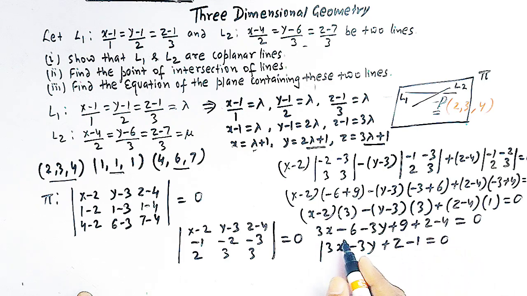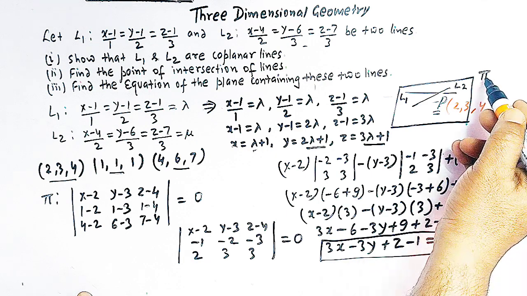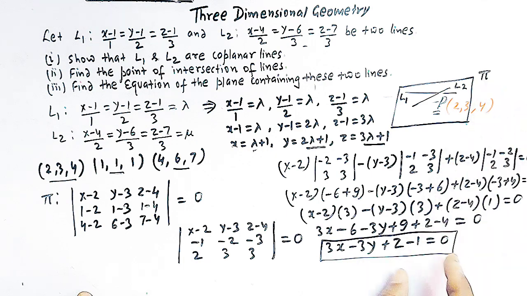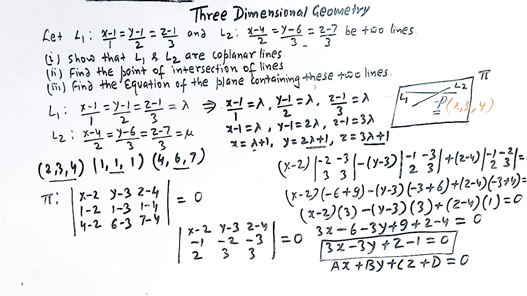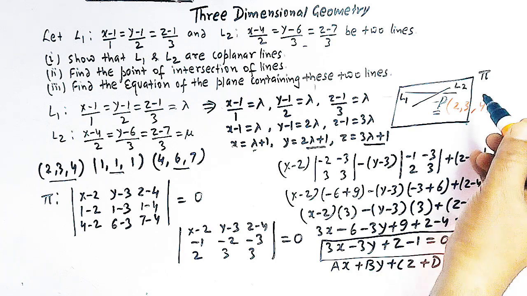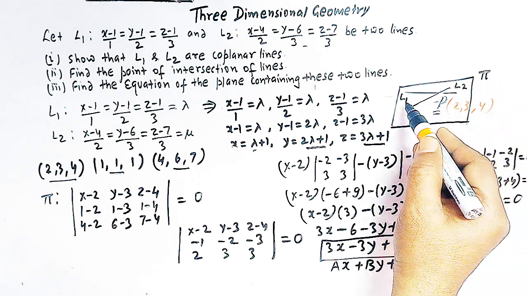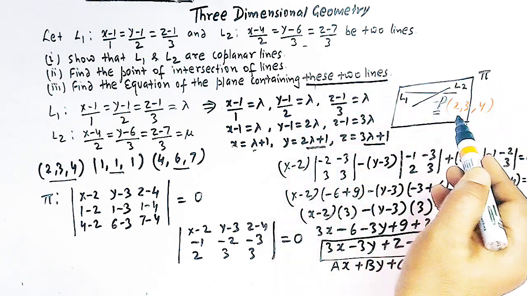So this is the required Cartesian equation of this plane pi, and this equation of the plane is of this form: ax plus by plus cz plus d is equal to 0.